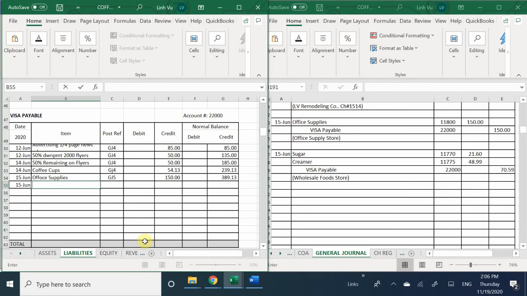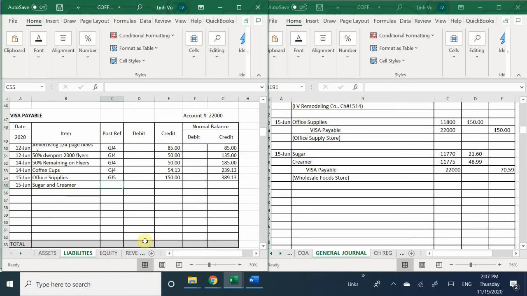Okay, so we put that we have the 60 pounds of sugar. You don't have to be that specific, but you can just write sugar and creamer. Yeah, because when you look at your credit card statement, do you see this? No, you just have the vendor. Right. You just have the vendor transaction, so at least you know what you actually bought from this vendor. Okay.